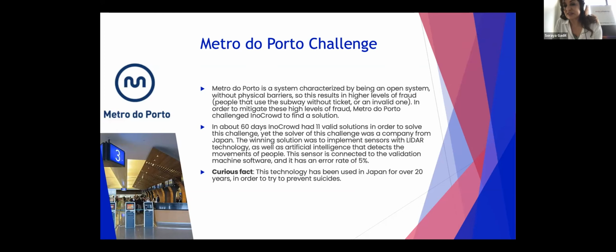But the problem was the GDPR, and they didn't want to recognize the faces of the people. So the solution had to be with sensors, with LiDAR technology, and they had to use artificial intelligence. And we achieved this with an error rate of less than 5%.